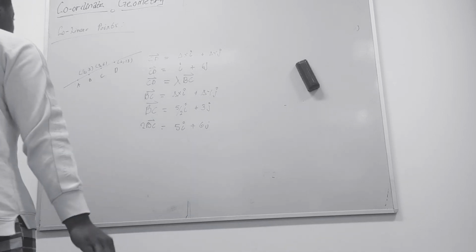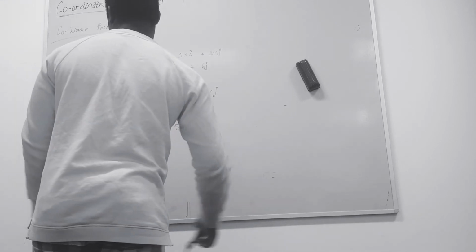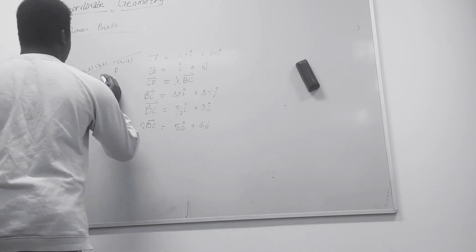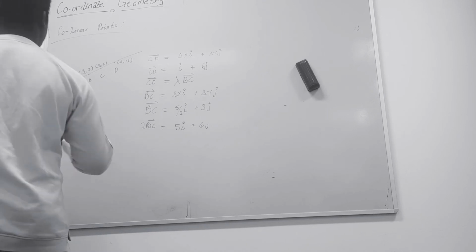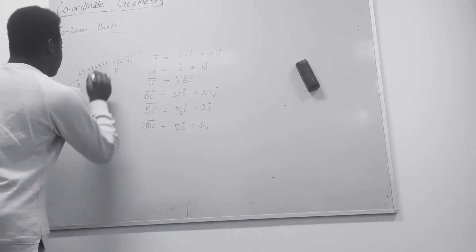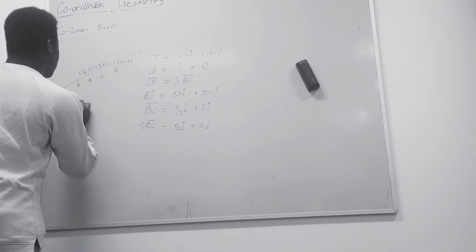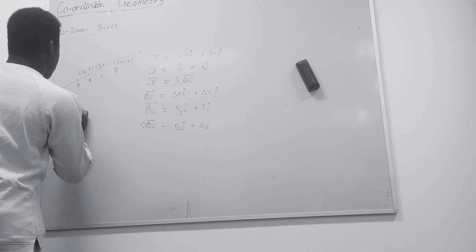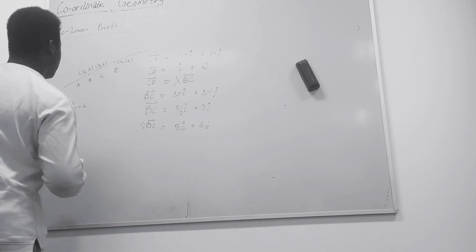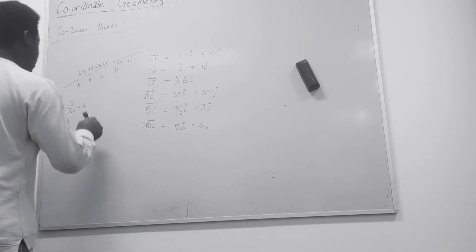Oof. Give me a second. What's the slope? The slope was 6, so I have 6 minus 3, that's 3. Oh, I made a mistake.